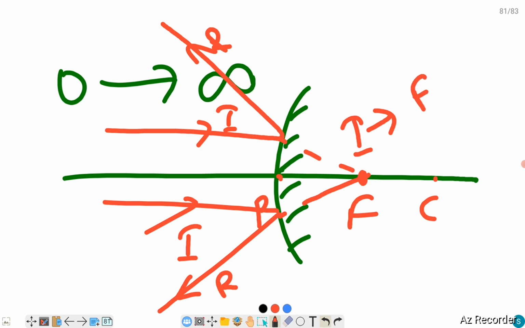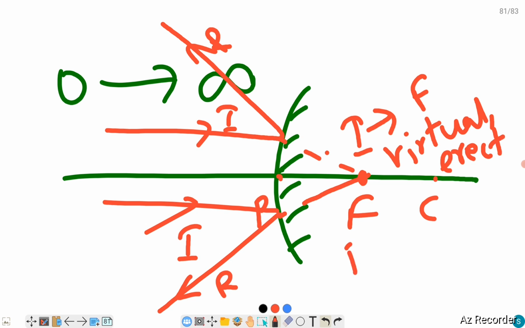The image is formed due to the extended reflected rays, so it is a virtual erect image, and the size of the image is point size. Understood? This is also very, very important.